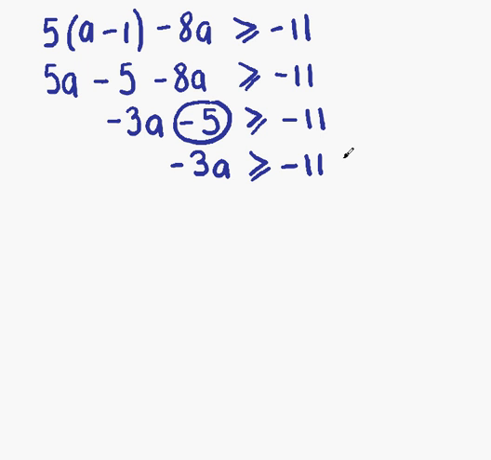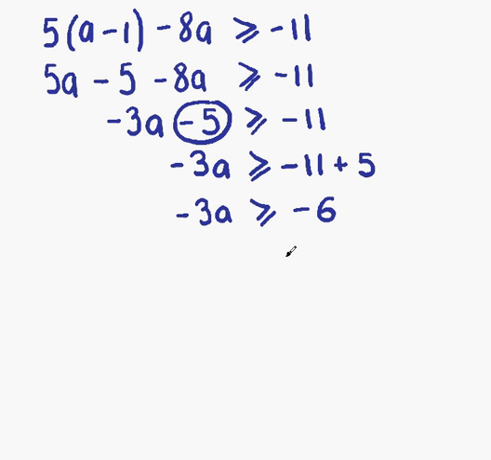Minus 5, change side, change sign, becomes plus 5. So we have minus 3a is greater than or equal to minus 11 plus 5. So minus 3a is greater than or equal to minus 6.